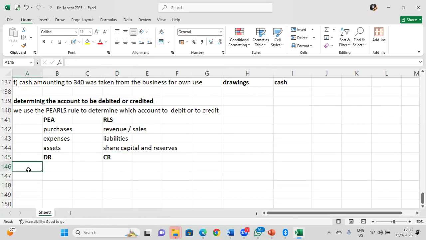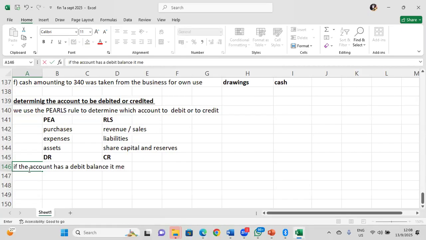So if the account has a debit balance, it means that it increases on the debit side and reduces on the credit side.